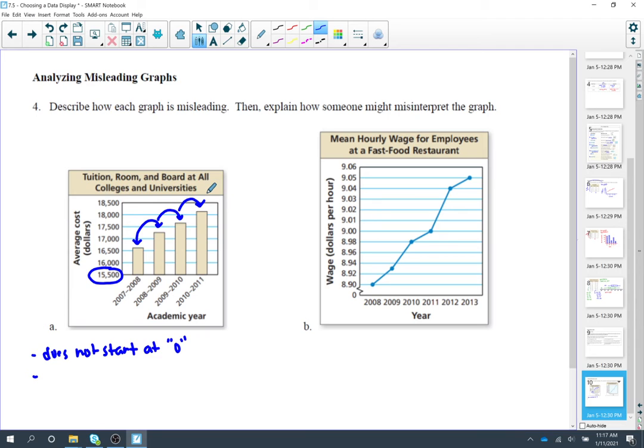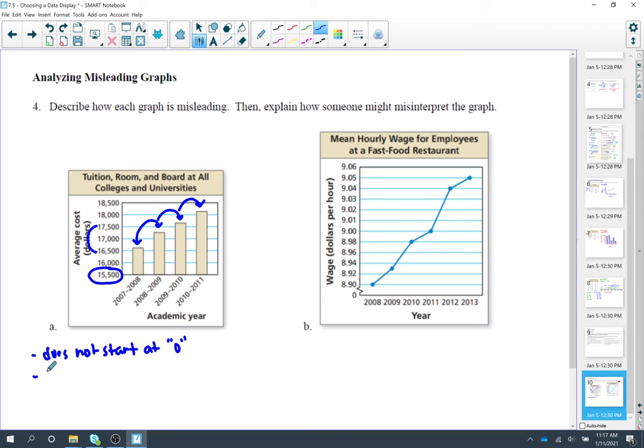But if you actually look at the numbers, this goes from about 16,600 to 17,200 or 300. That's not that big of a jump. From 16,000, this right here is $1,000, and it's not even going up $1,000.